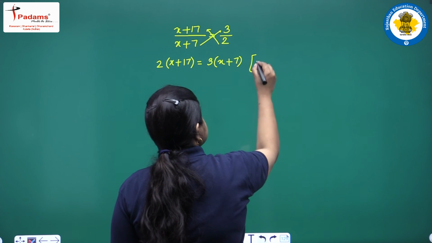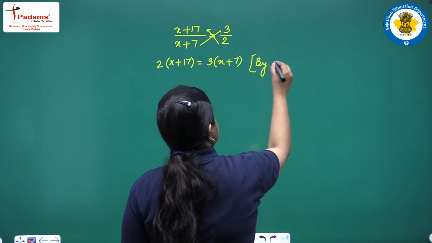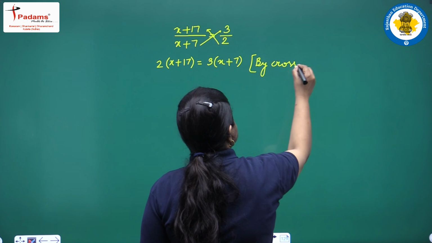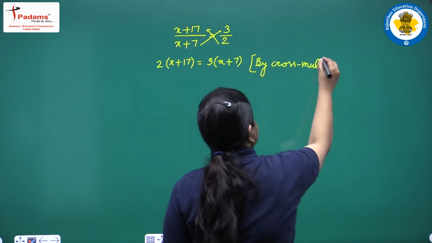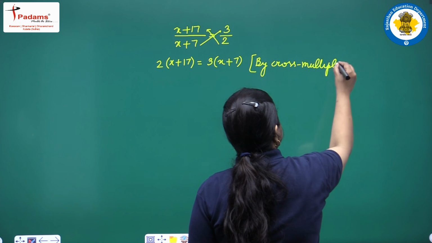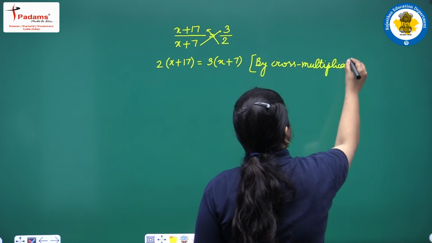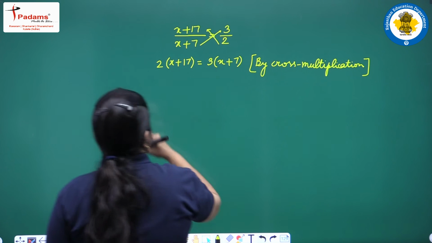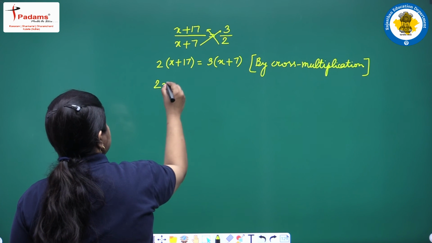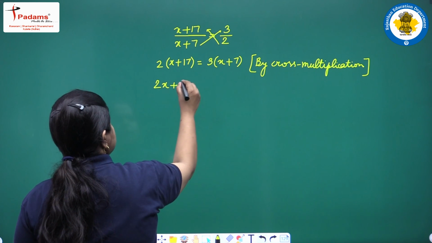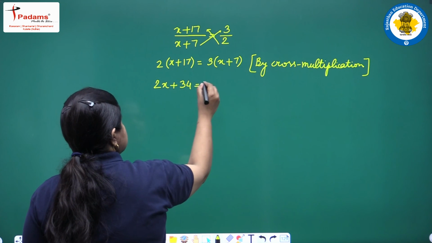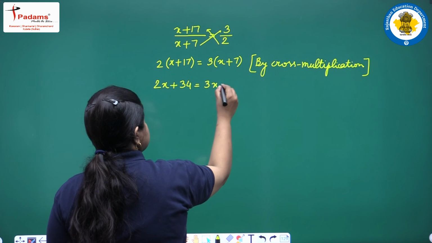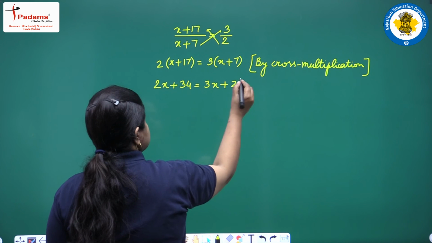You can always write here by cross multiplication. This gives us 2x plus 17 2s is 34, 3x plus 3 7s is 21.